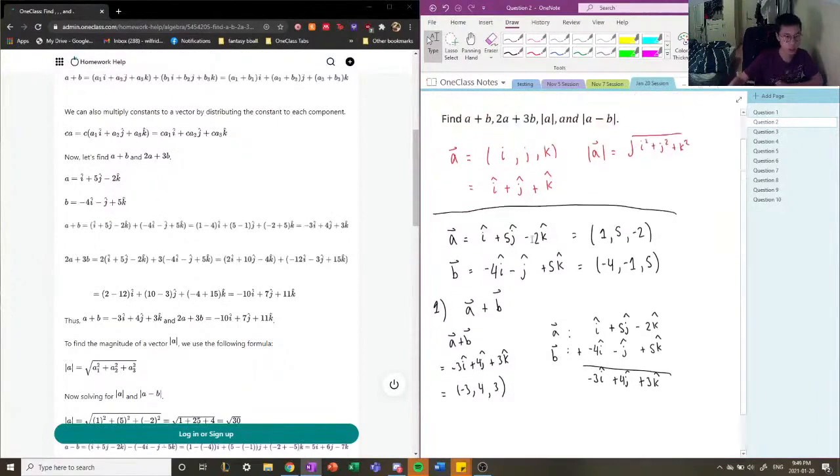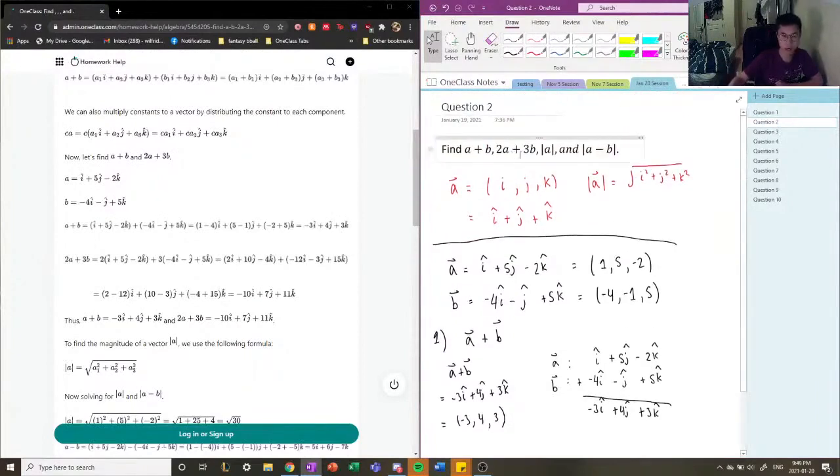The next one, we have 2 times vector A plus 3 times vector B. When you're multiplying your vectors by constants, you multiply each of your components by the constants specified here.